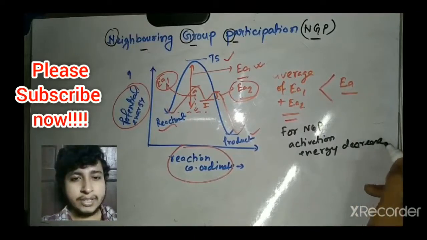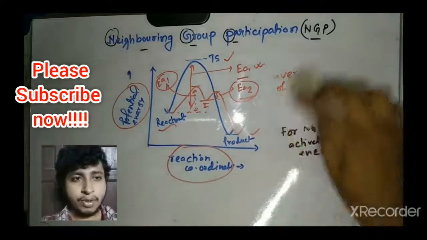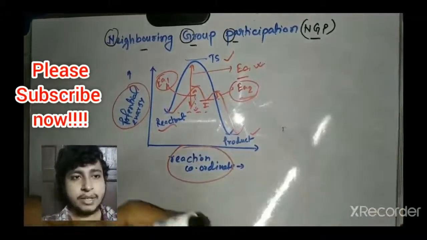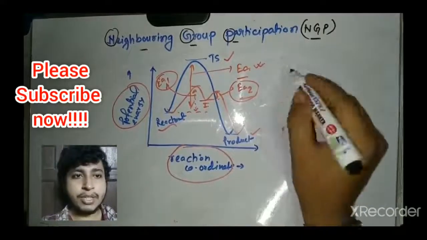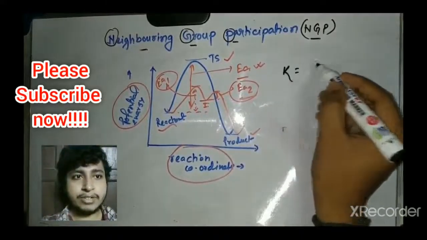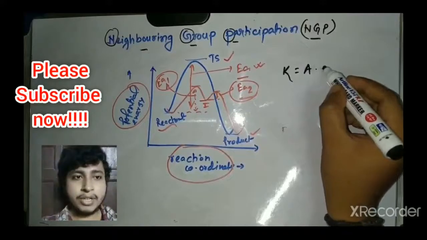So what is the relationship between the activation energy and the rate of the reaction? For finding that, first we know the Arrhenius equation, which relates the rate constant K with the activation energy.